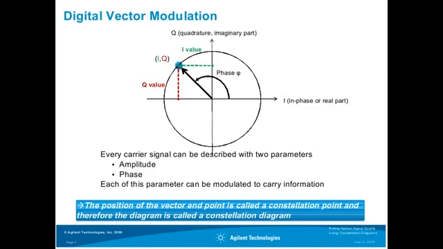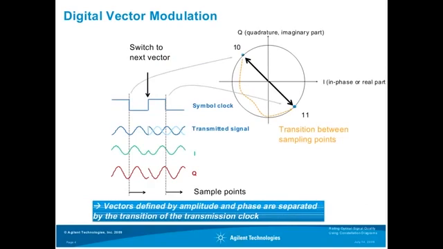So you can translate this vector between its I and Q values, the X and Y parts, and the amplitude and the phase. Each of these parameters can be modulated to carry information. The position of the vector endpoint is called a constellation point, and therefore the diagram is called a constellation diagram.